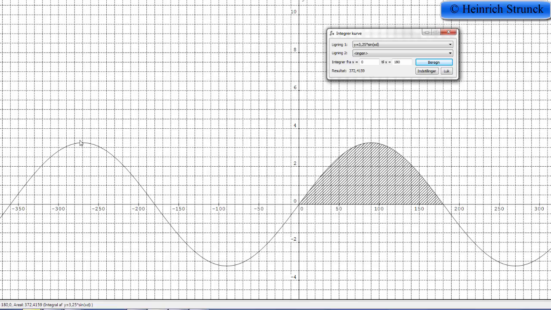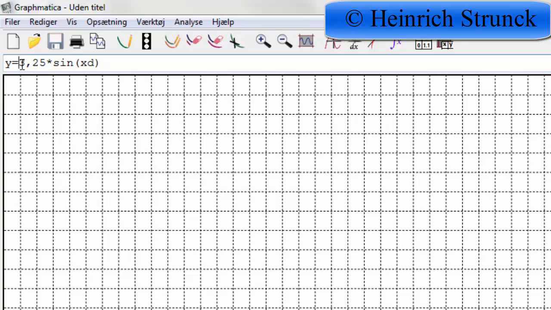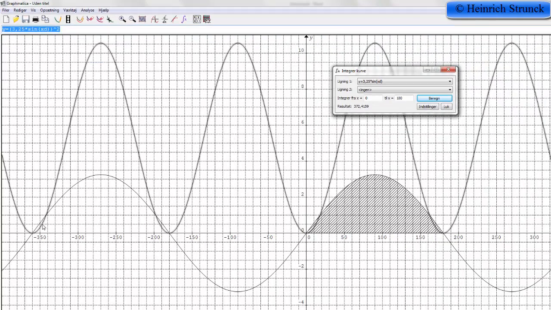And when the voltage is maximum, the power must also be maximum. But we want to take this formula and square it. So we got the value for the power. And we can see here, yes, the power is 0 when the voltage is 0, and it is maximum when the voltage is maximum.